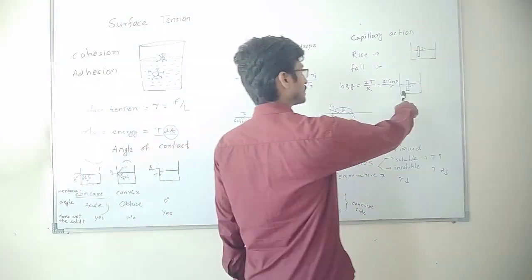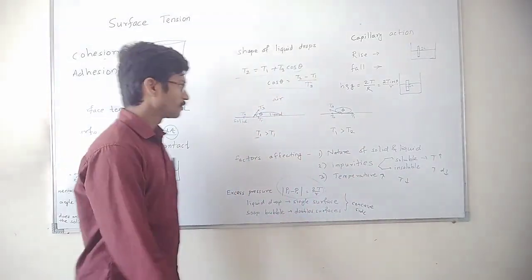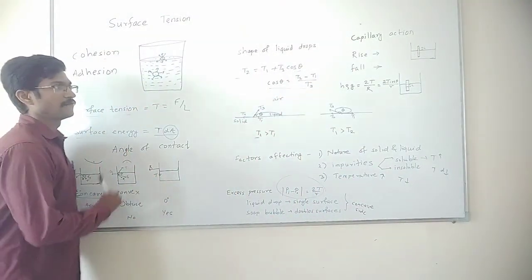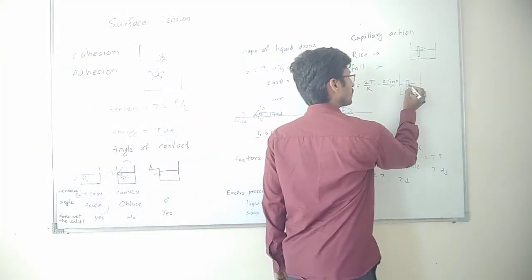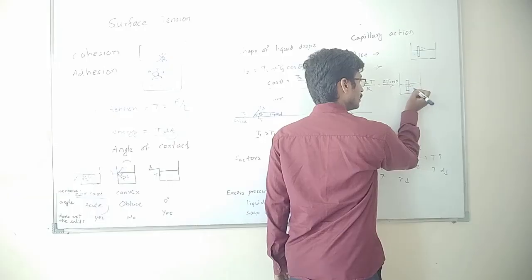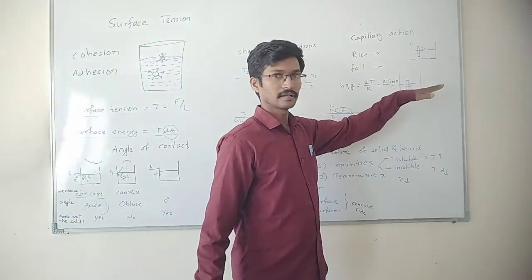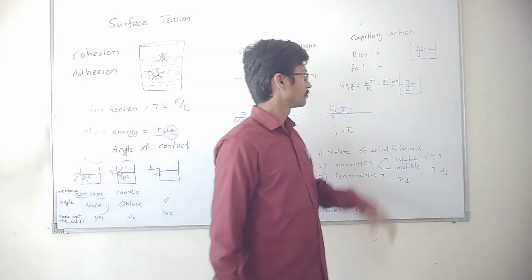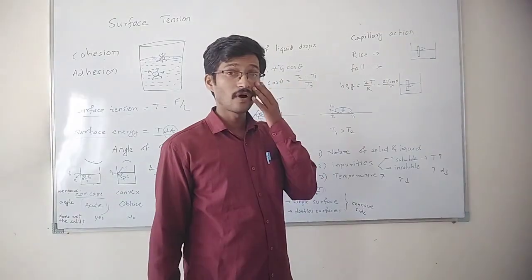Similarly, we can see the dip in the capillary in the case of this second type of liquid, which does not wet the solid. Here the pressure goes down, and therefore to maintain the pressure the liquid column decreases, or it gets out of the capillary. Now what are the examples?